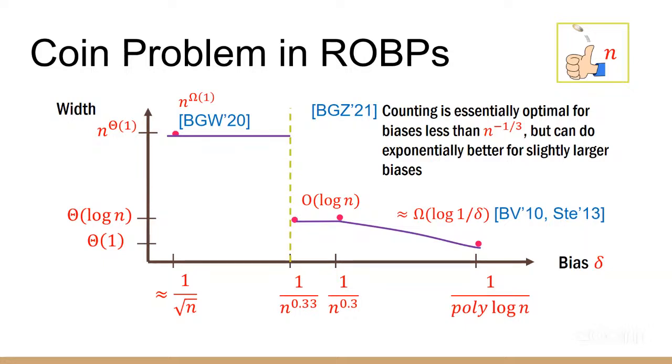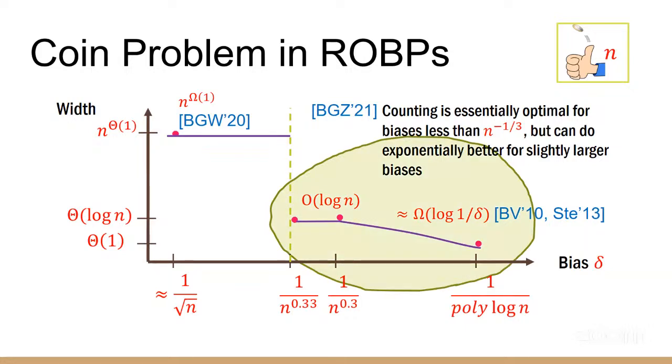That is, if the bias is less than 1 by n to the 0.33, then you require polynomial width for read-once branching programs to detect. But if it is larger than this bias, then log n width read-once branching programs suffice. This is pretty surprising because you might have thought there would be a smooth transition, but there is actually a phase transition that happens at this bias of n to the minus 1 by 3.